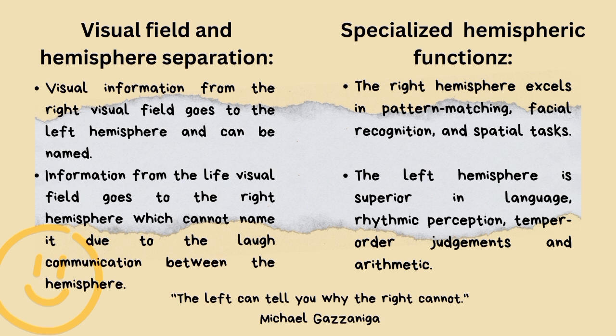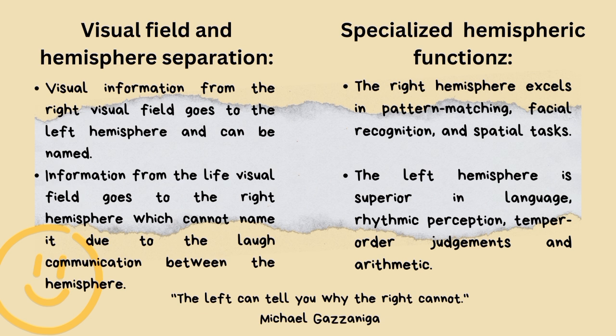So in this case, the visual information from this area is processed by the right hemisphere of the brain. However, the right hemisphere doesn't have the same language abilities as the left hemisphere, but it can understand the object. Additionally, it cannot name it because the areas of the brain that control speech and naming are in the left hemisphere.